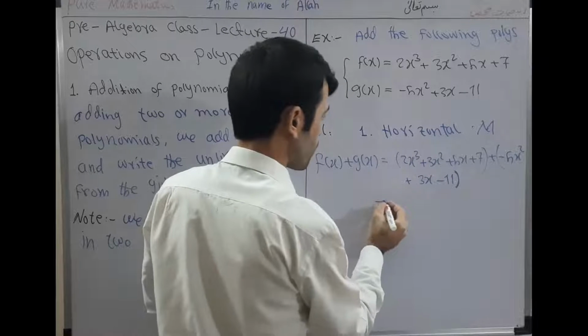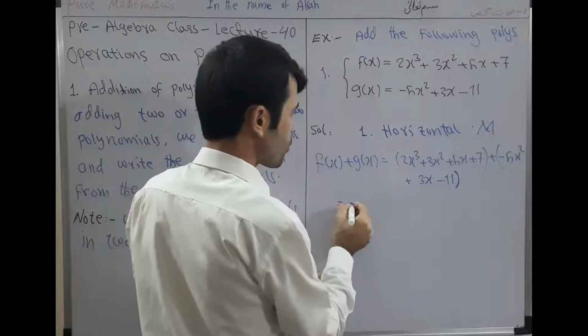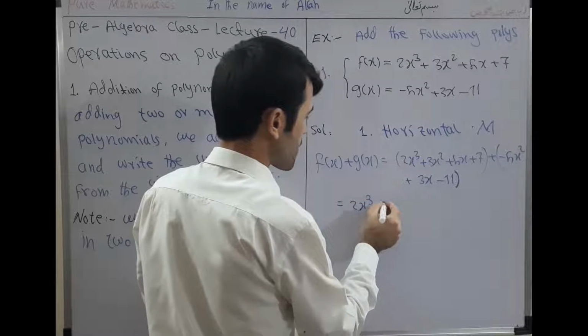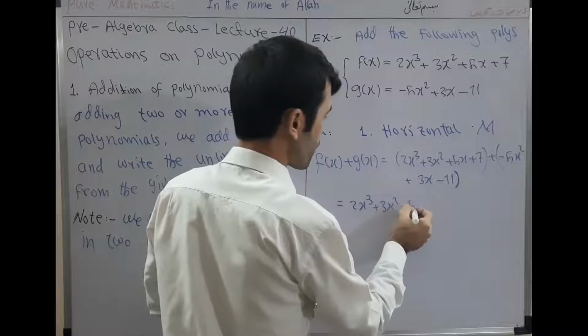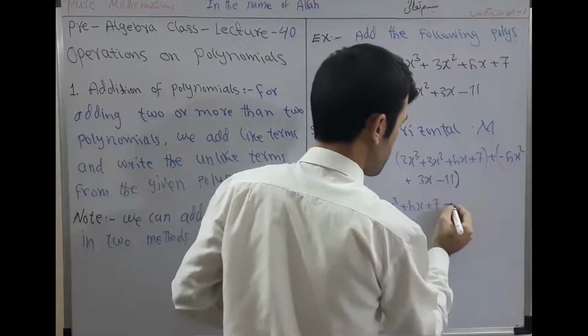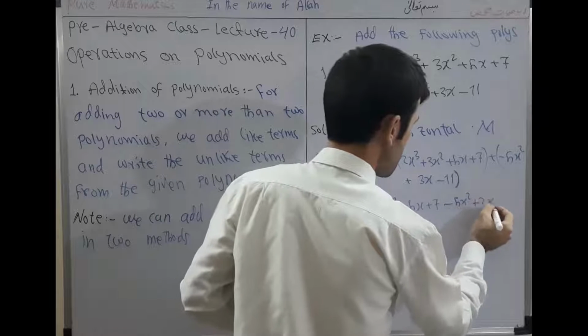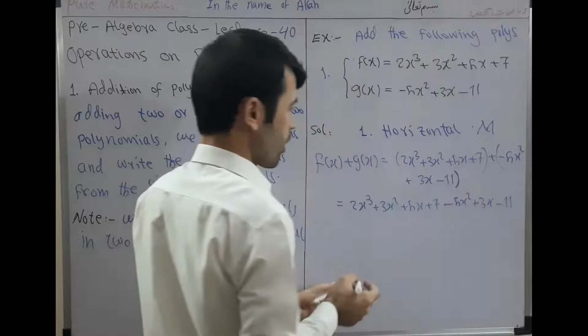Now it is equal to 2x cube plus 3x square plus 5x plus 7, and here we can write minus 5x square plus 3x minus 11.